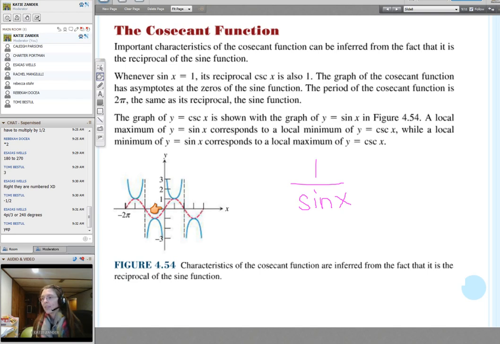All right, again, the period for a cosecant, if you need to find that, is 2 pi over b. All right, let's move forward.